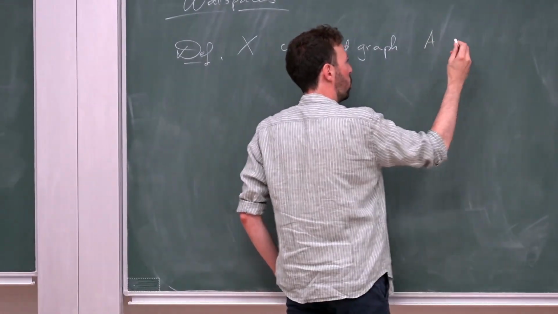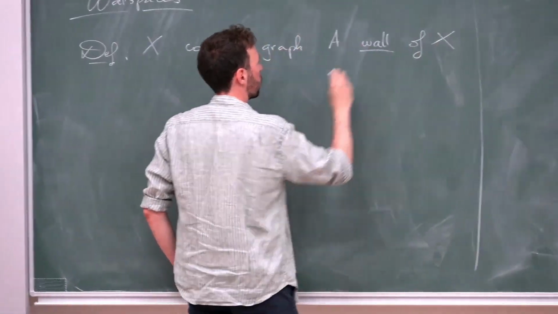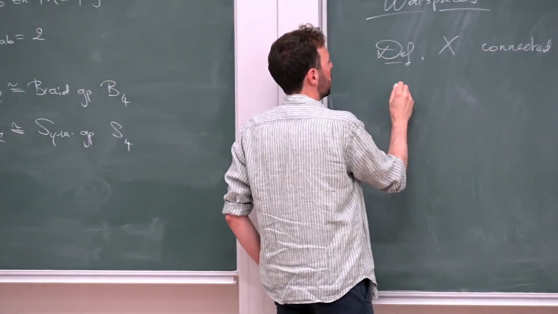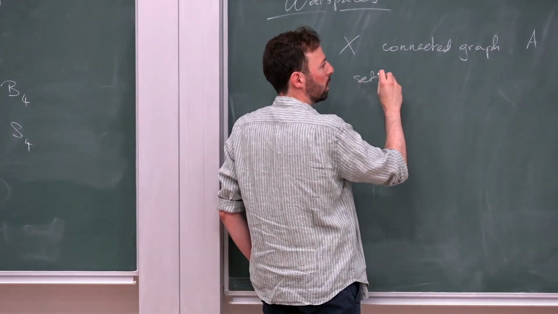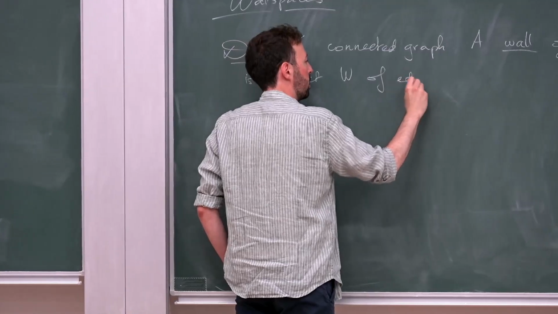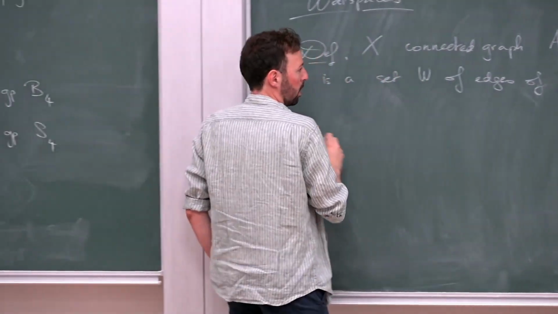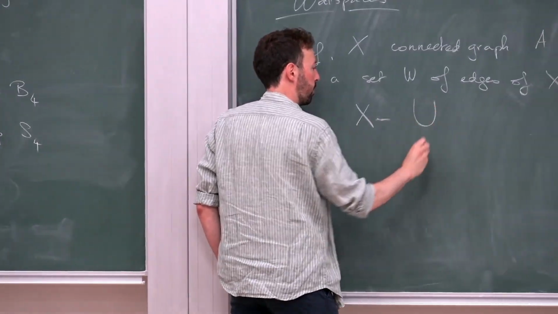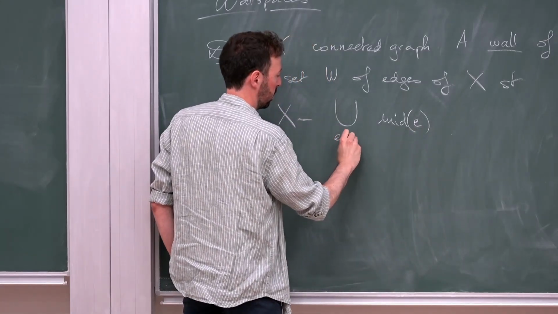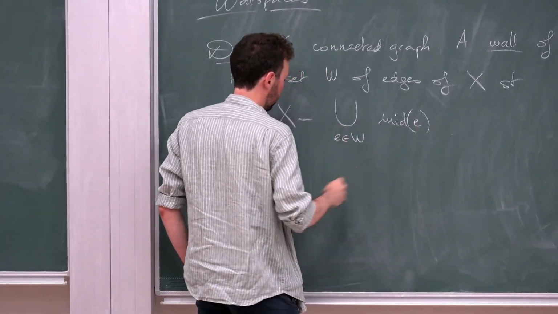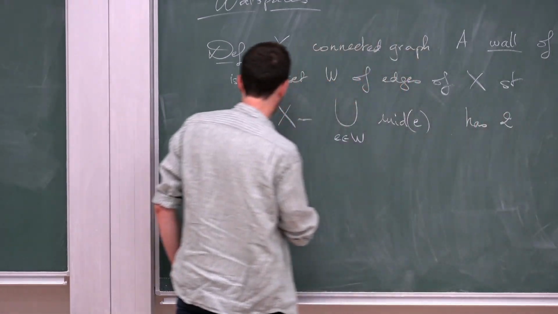A wall of X is a set, say W, of edges of X such that if you remove the set of midpoints of these edges from W, this subspace has exactly 2 connected components.